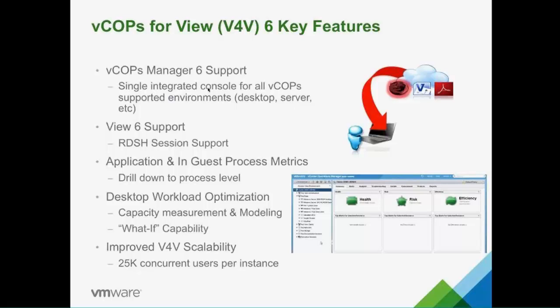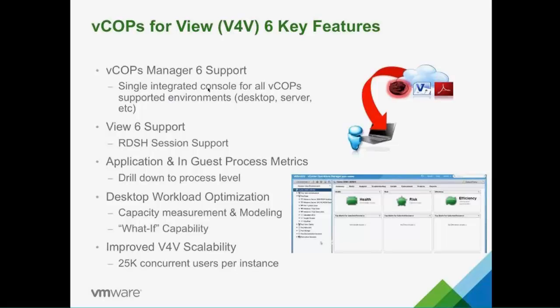We're making all sorts of new investments and new advancements when it comes to vCenter Operations, especially as it relates to Horizon 6. Most specifically, we're integrating support for the RDS hosted application.